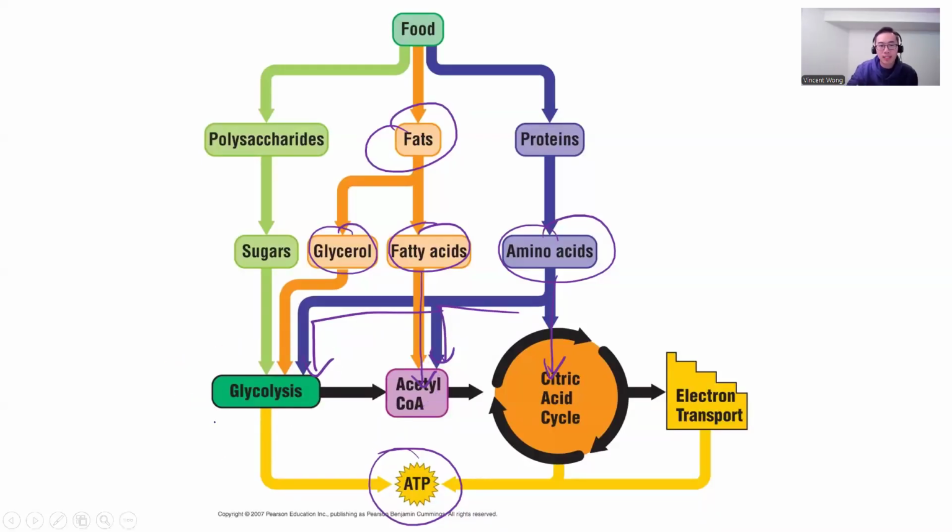So the earlier you feed into cellular respiration, the more ATP you can extract from the molecule. But generally speaking, if you are having regular meals on a regular basis, ATP production tends not to be a problem.